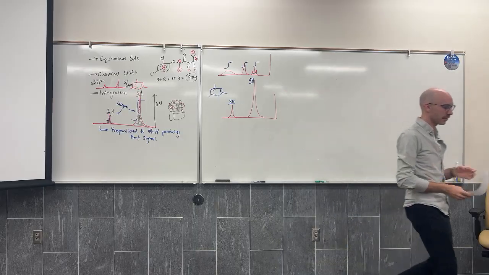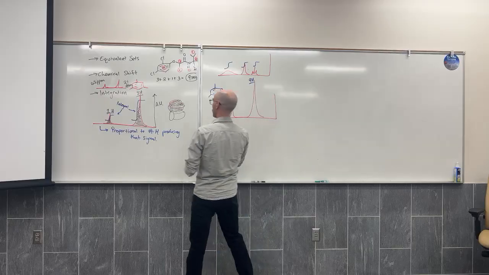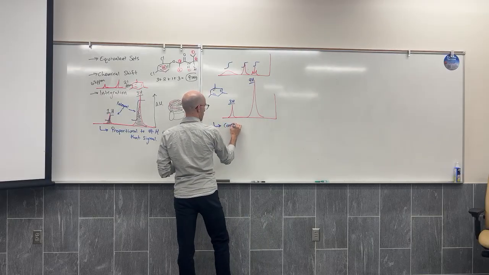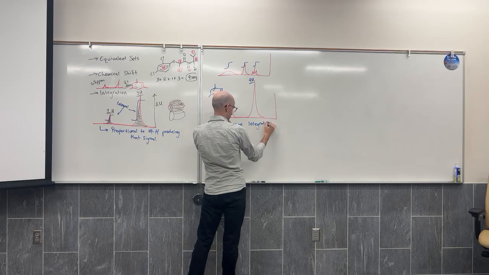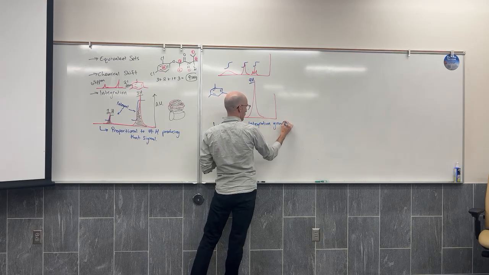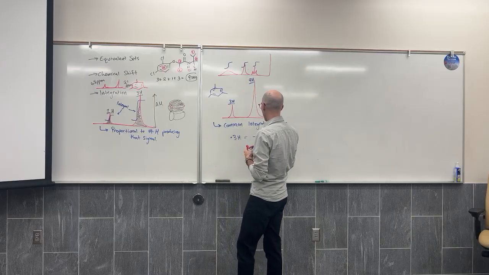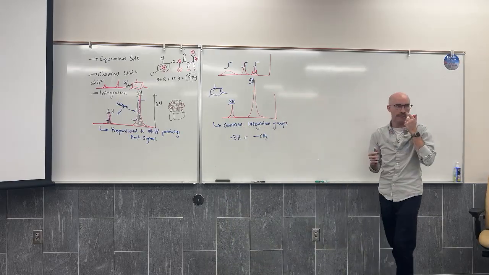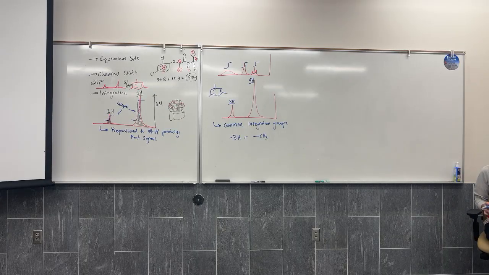Okay, here are some fun things that we can learn about a structure from integration. Oftentimes, a 3H tells us that we have a methyl group. Obviously, that's not always true because in the example above, we have an integration of 3H that is not from a methyl group.